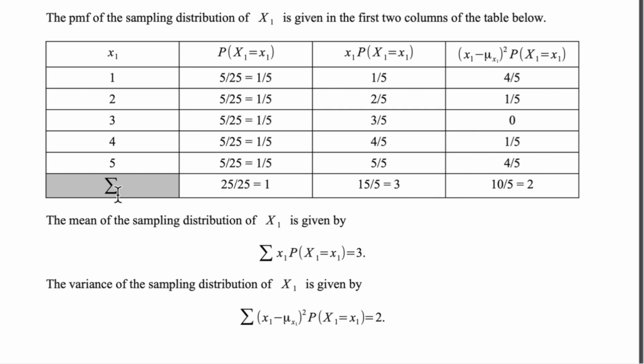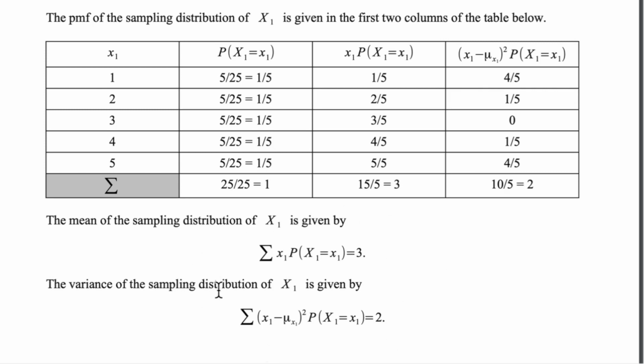And when you add that up, you get a value of 2, and that is the variance of X1. Again, that's the variance of the population, and it should be clear that when we're talking about the distribution of a single random variable from some population, it's going to be equal to that of the population.